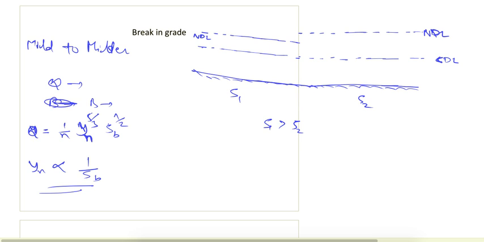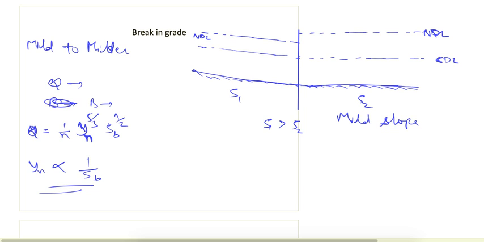Now, as we defined our control section, that will come into use here. This is the break in grade at this point. As we saw, the downstream is the control section for a subcritical flow, and both of these are mild slopes, so it is subcritical flow, and downstream is the control section for this subcritical flow.